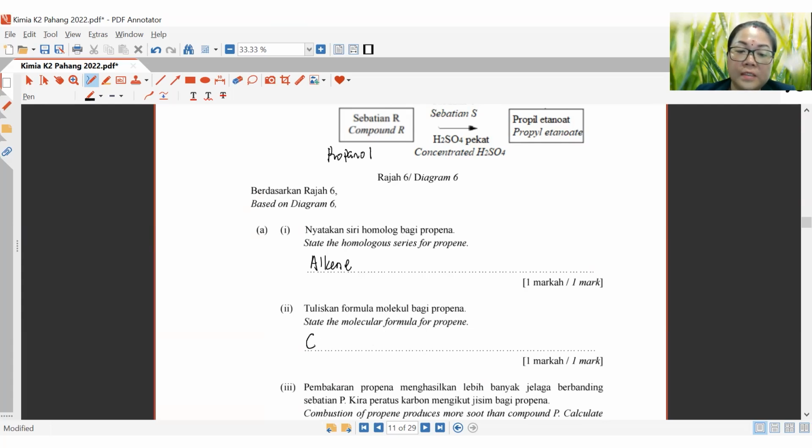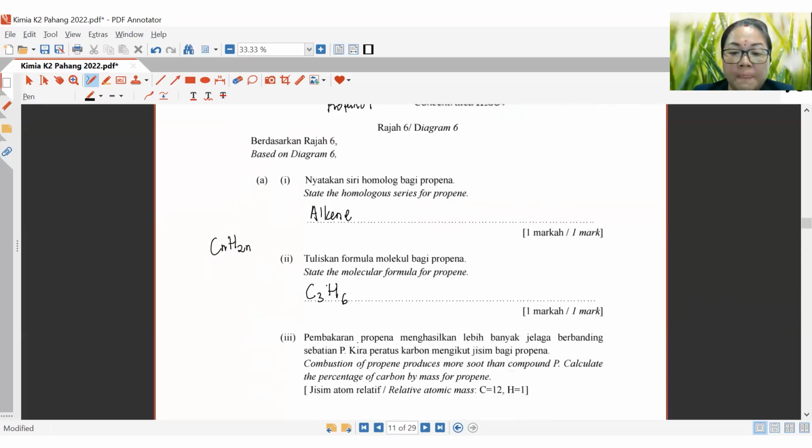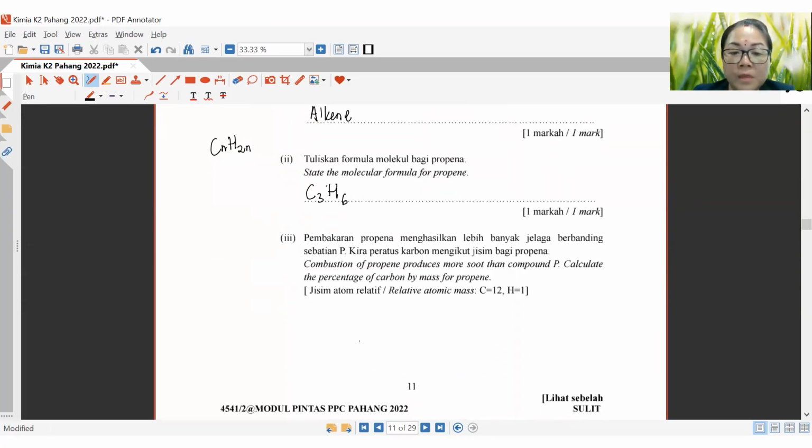So propene is something which contains 3 carbon atoms, and the general formula for alkene will be CnH2n. So in other words, for propene, the molecular formula will be C3H6.